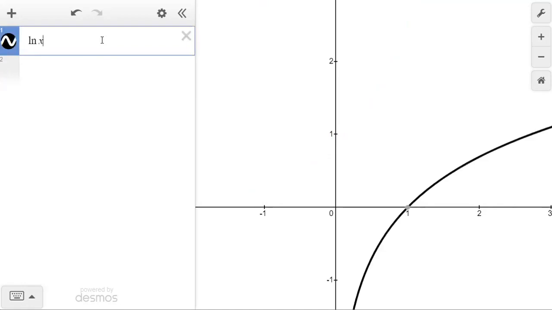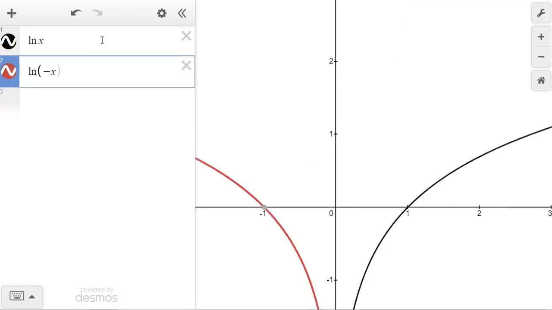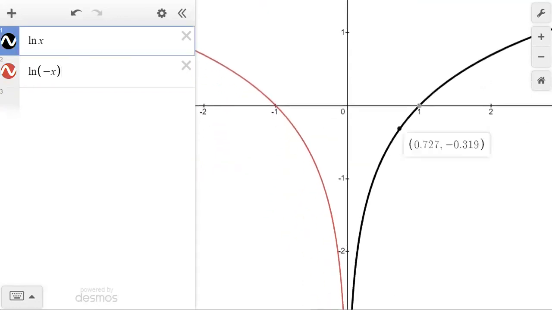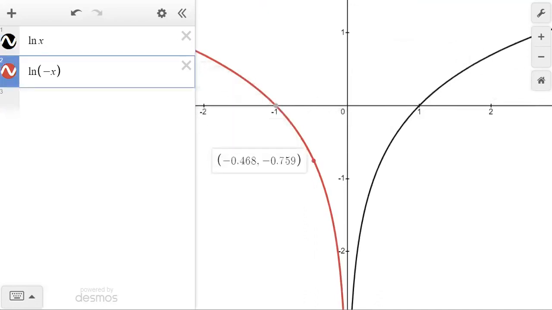This is the log x graph, and this is log of minus x. See, this is exactly the mirror image. If you consider the y-axis as a mirror, you are just taking the mirror image of the function.